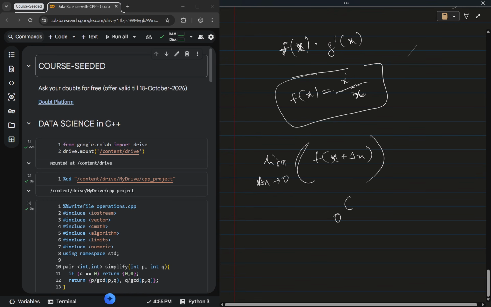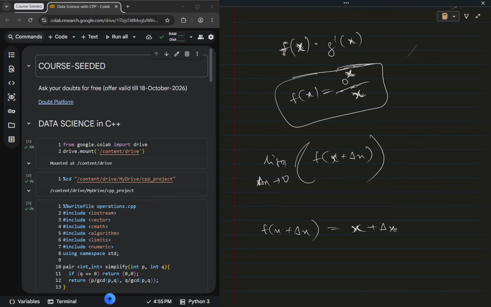So let's say this was supposed to be x to the power x, or 0 to the power x. I'm not able to think of any function currently which just fails on this. So let me think carefully what function will fail. Let's say we have f(x + Δx), then we have some function, let's say this was x, basic x, and it'll just yield this.